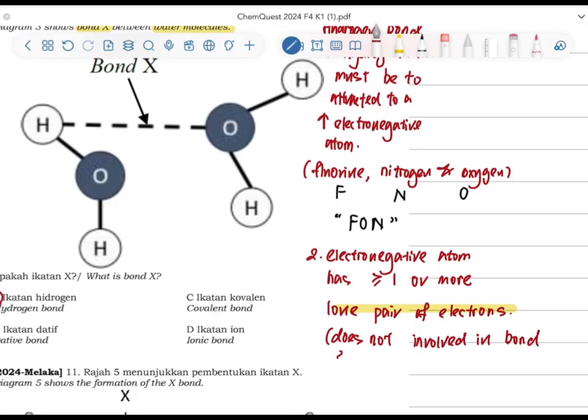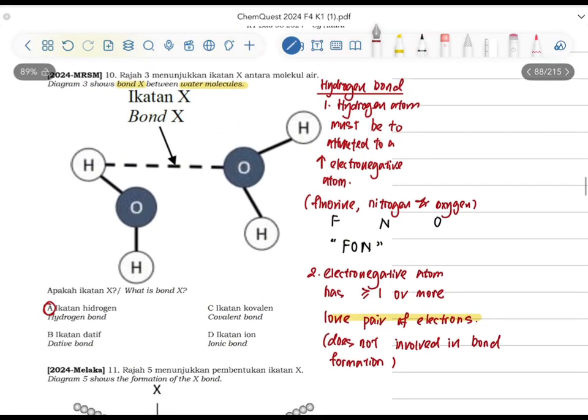In order to form a bond, electrons must be involved, either by transfer of electrons as in ionic compounds, or sharing of electrons as in covalent compounds, or even through dative bond formation, where an electron donor gives its lone pair of electrons to the electron acceptor. So these are the criteria for hydrogen bond formation.